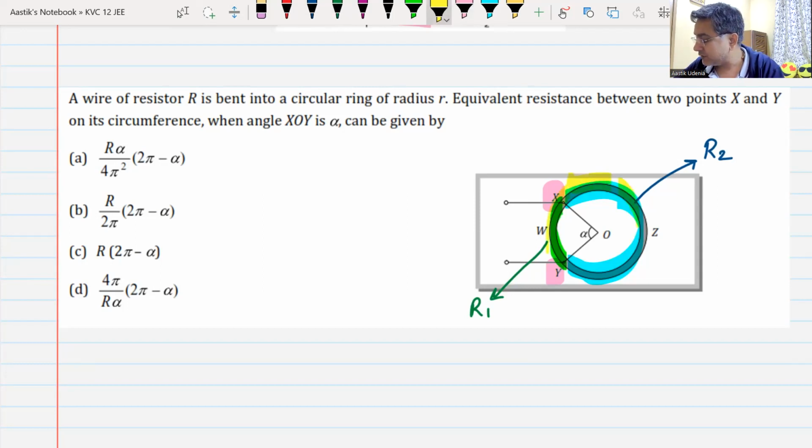This complete circle, what is the resistance of this complete circle? How much? R.